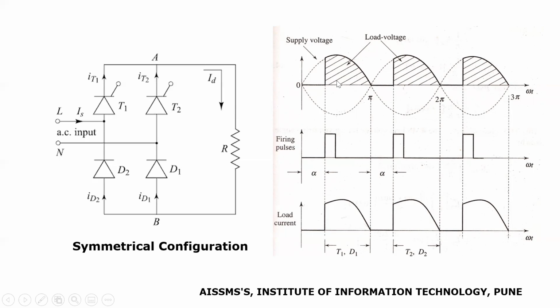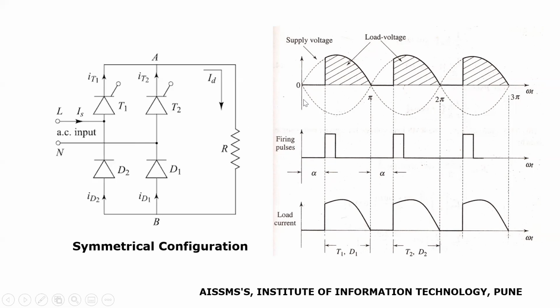So when this positive half cycle of a voltage will get applied, then this thyristor T1 will get forward bias and diode D1 will get forward bias. Now at instant omega t equal to 0, no triggering pulse will be applied to thyristor T1. Triggering pulse is applied at an angle alpha to thyristor T1.